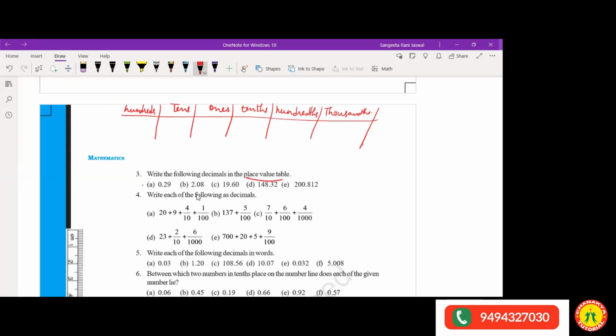Ashwath, you tell me for the first one. Where have you written 0.29?